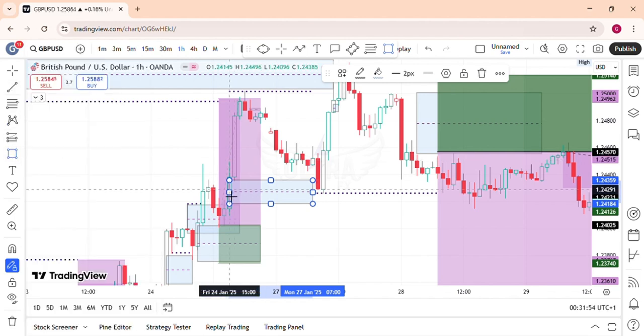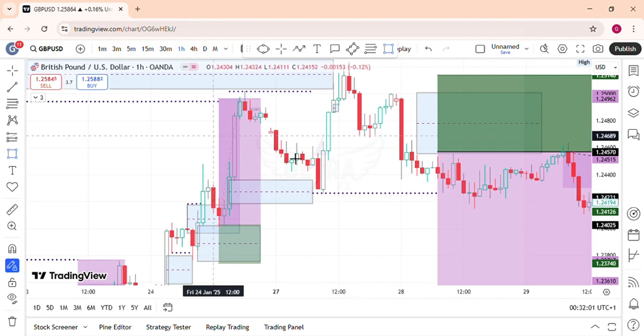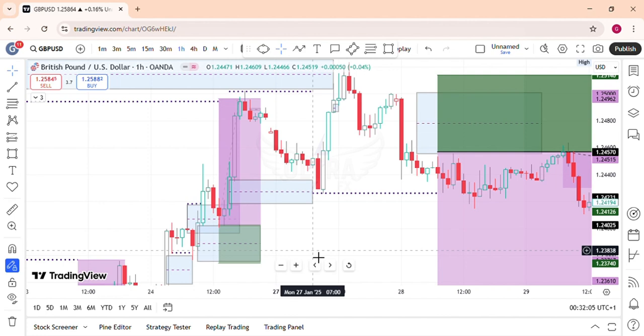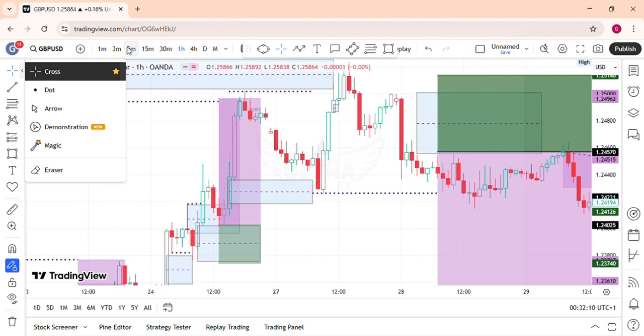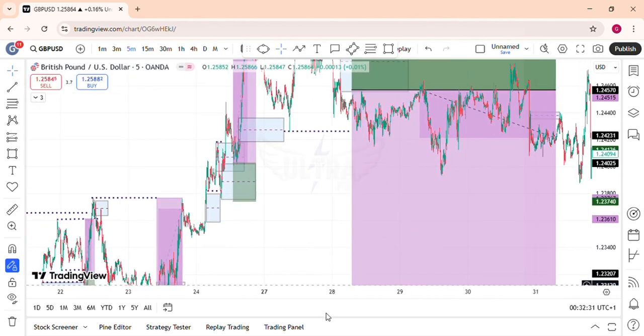You can see the breaker here. It also has a breaker, so it's a strong FVG. So let's take this out. So let's move into our 5 minutes for this, and this is 27th of January. So let's move into our 5 minutes. This is 27th of January, 5 minutes.